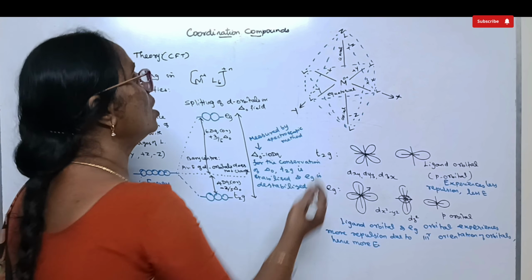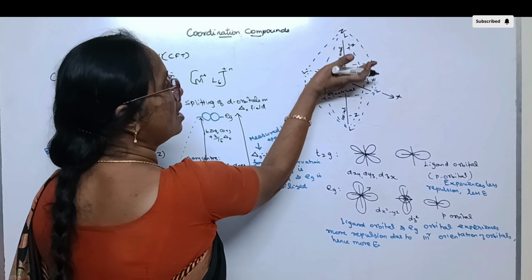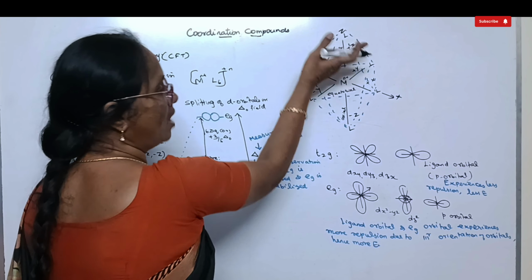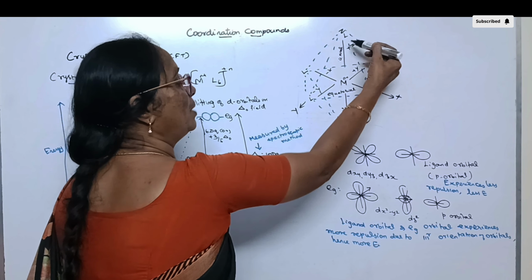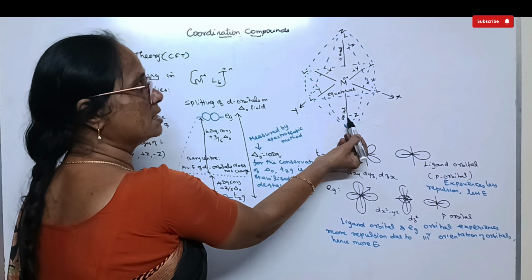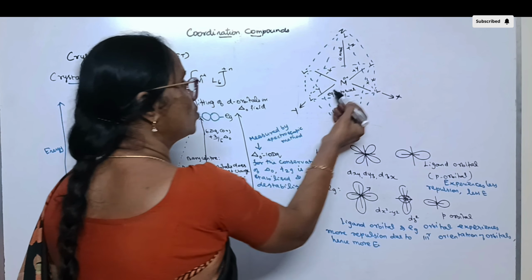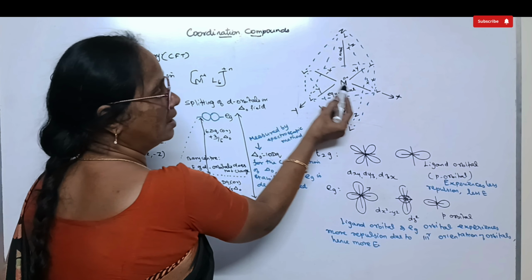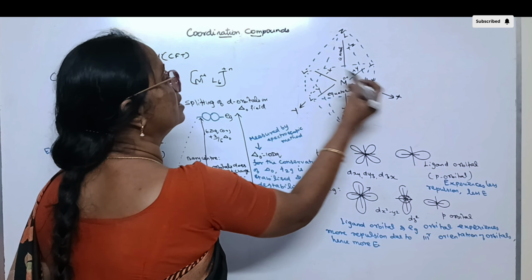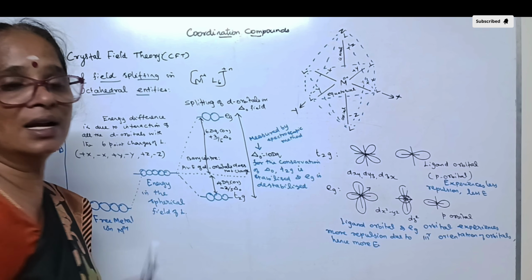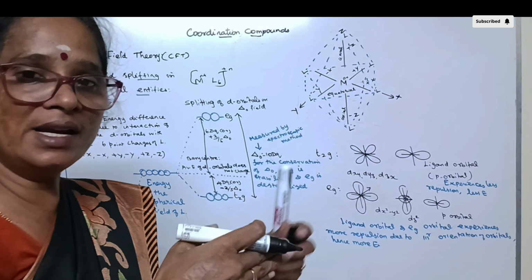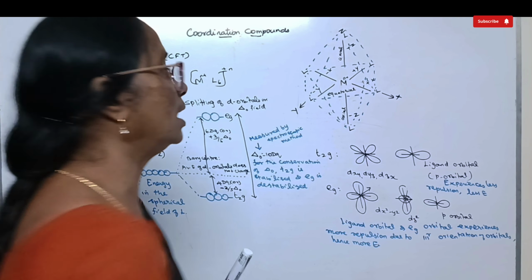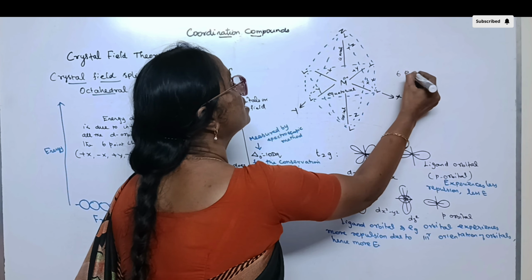We know that about the central metal ion, above the plane is positive and below the plane is negative. So on this side you have plus z, on this side minus z. Similarly, this is plus y, this is minus y, and on this side you have plus x and this is minus x. Now these charges along the coordinate axes are referred to as six-point charges.